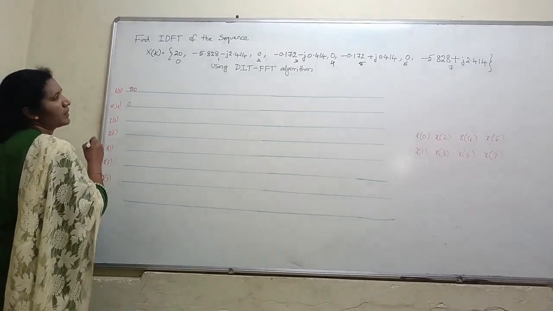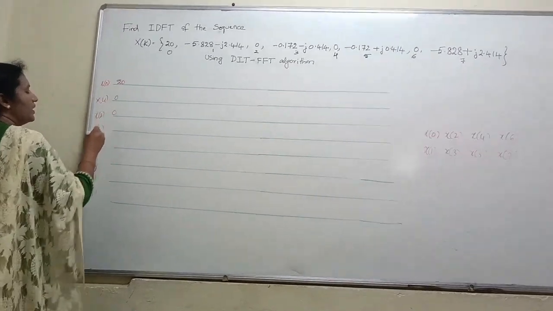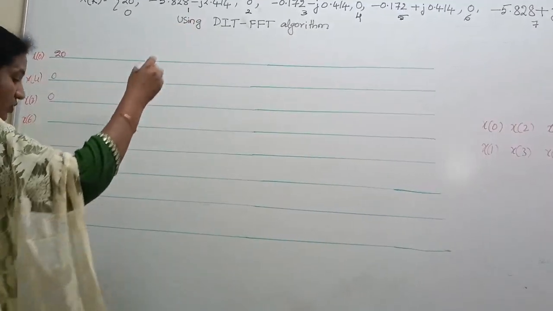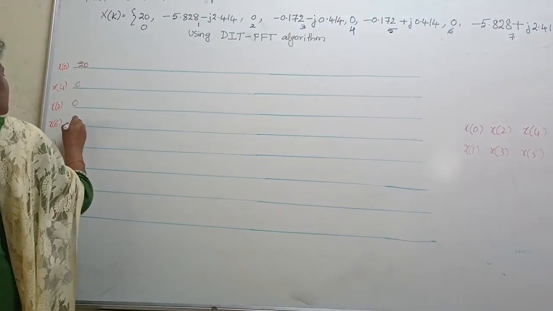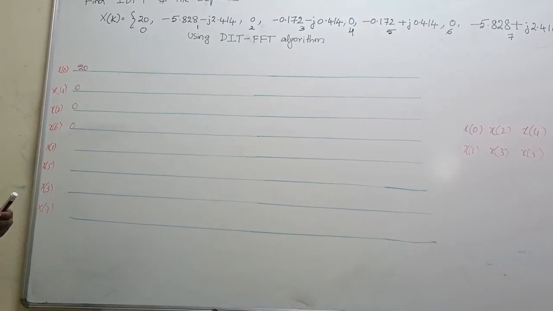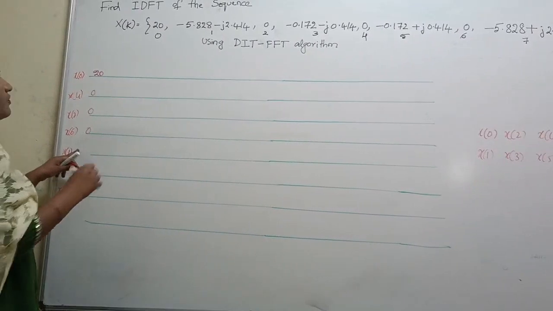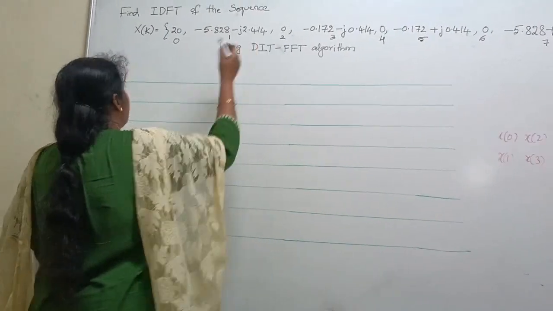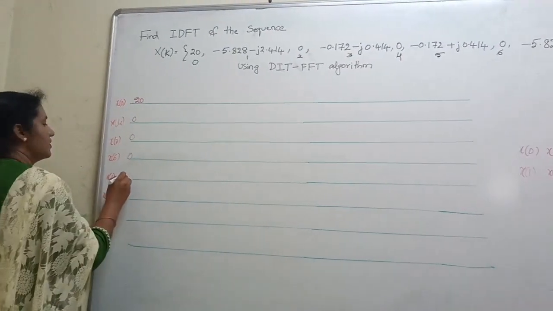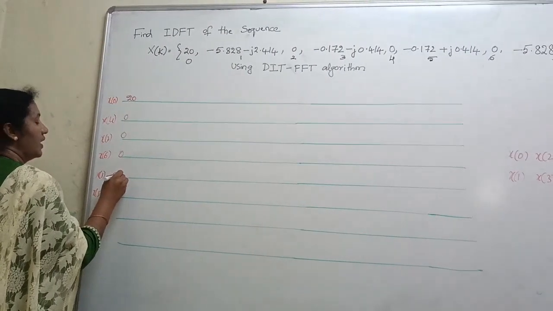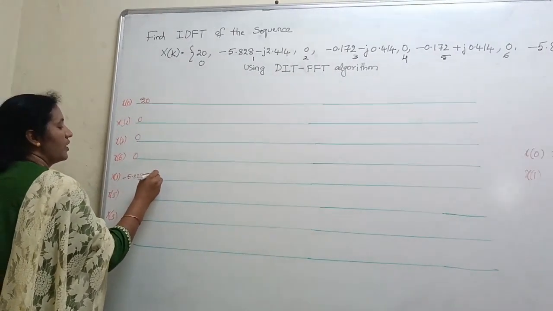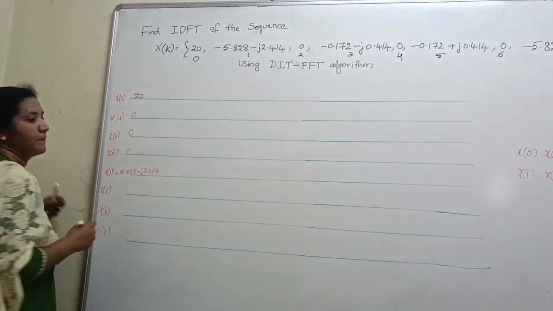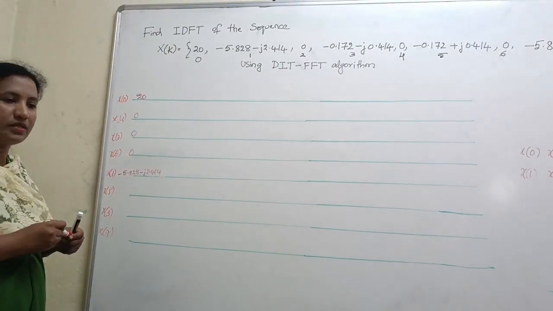X of 2 means again 0. X of 6, you can just look into here. X of 6 is 0. So here keep 0. Okay, next. X of 1, which is given as here minus 5.828 minus j 2.414. Okay, this is the sequence.